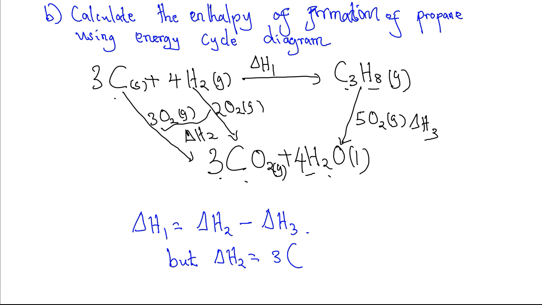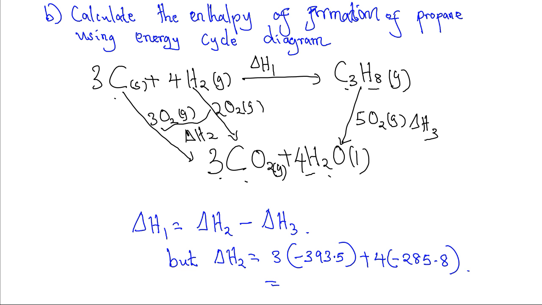3 times that of carbon, because we have used 3 moles of carbon in the cycle diagram. So that is 3 times negative 393.5. Then we'll add that of hydrogen, which is also given as 1 mole, but we've ended up using 4 moles. So that is minus 393.5 plus 4 into negative 285.8.